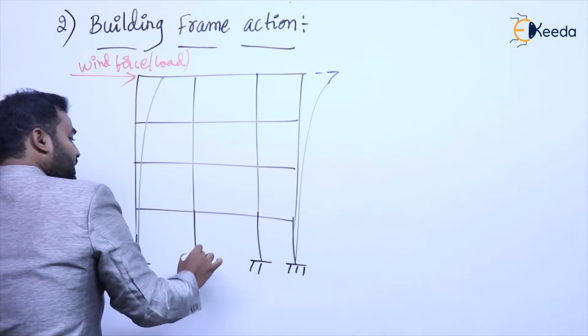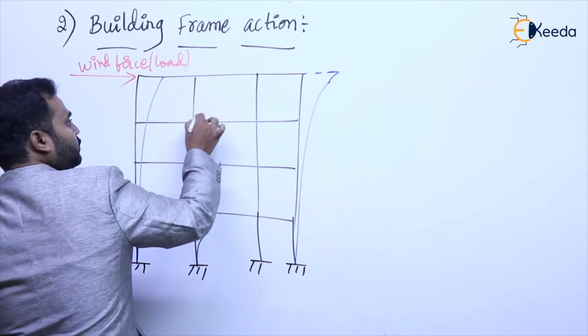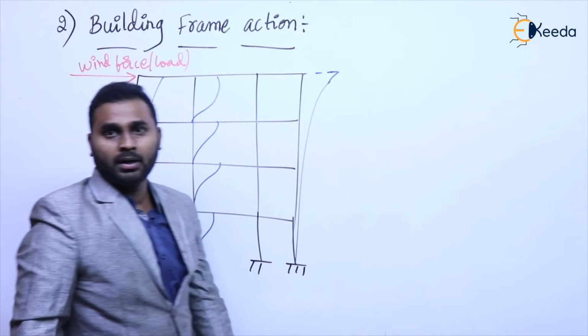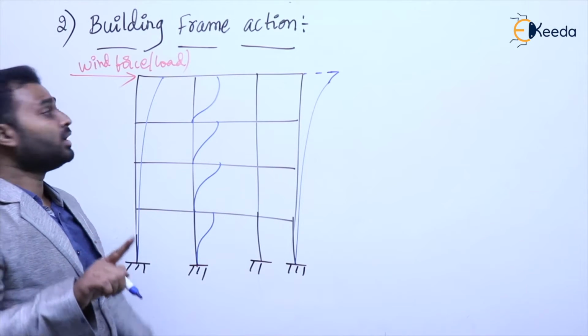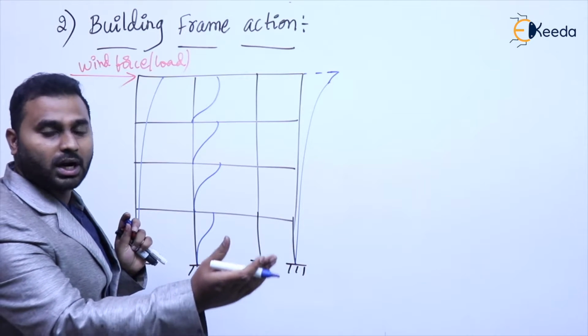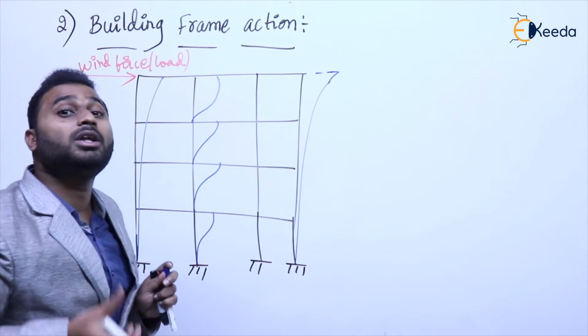It means in some cases there exists individual sway of the columns like this, or in some cases the total building frame is going to sway. Now this wind force is resisted by developing bending moment in the column.